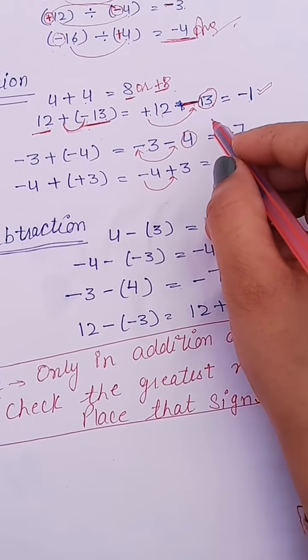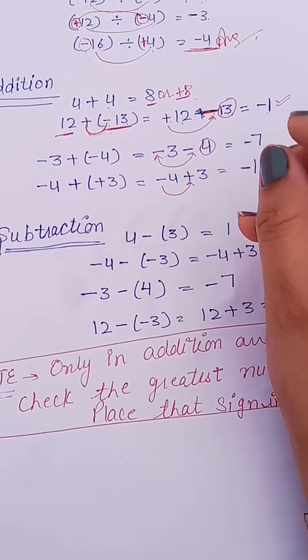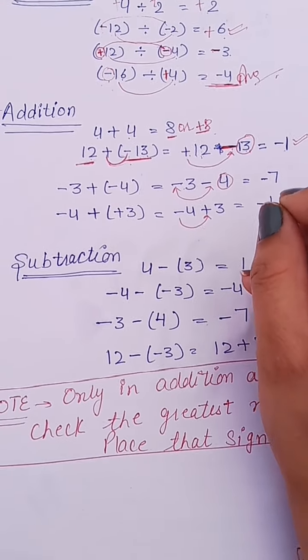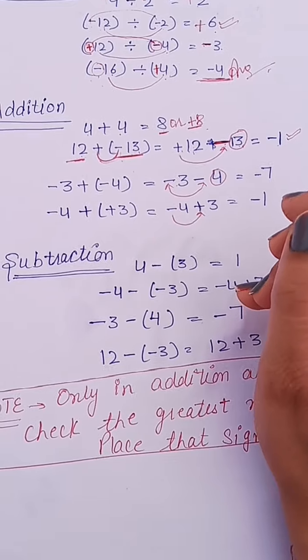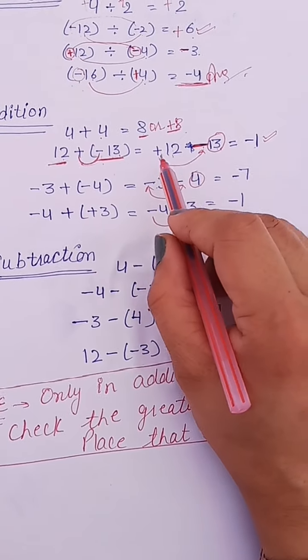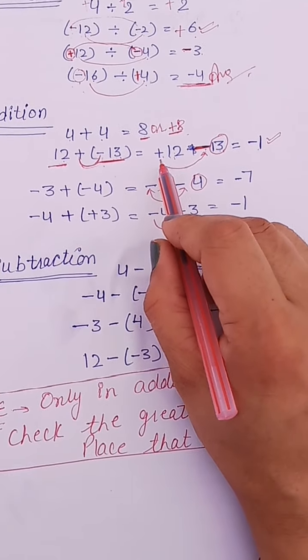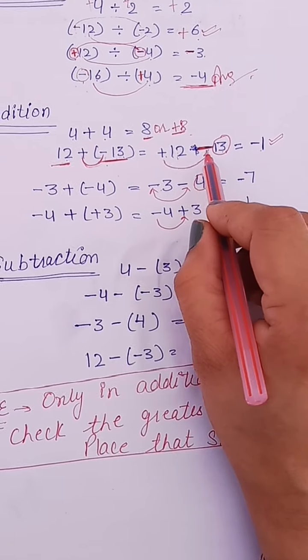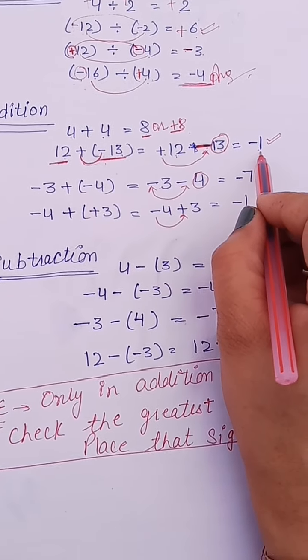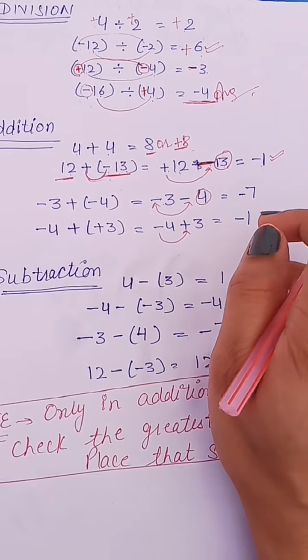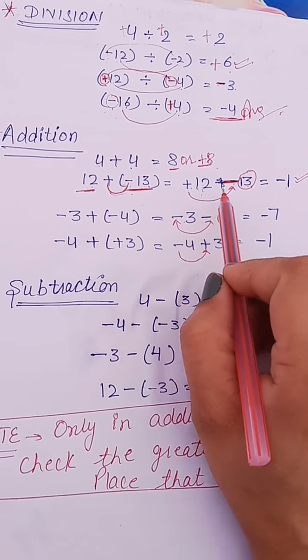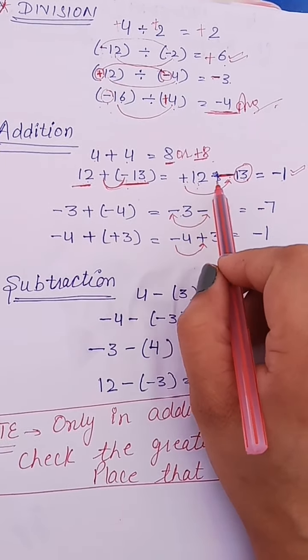But as I told you, here is a little bit of difference in addition and subtraction. What is the difference here? See, firstly we have to follow the rule. Plus minus comes minus, 13 minus 12 is 1. Second thing, we have to check from these two numbers which number is greater.